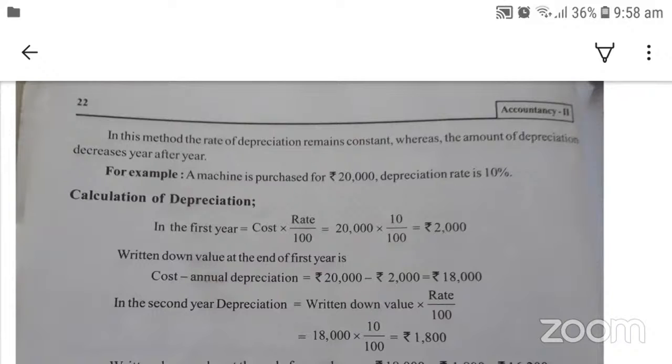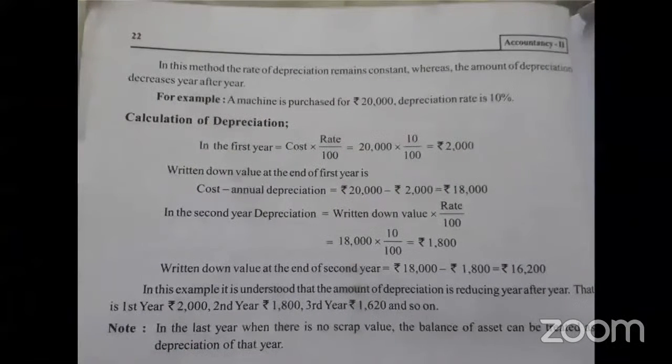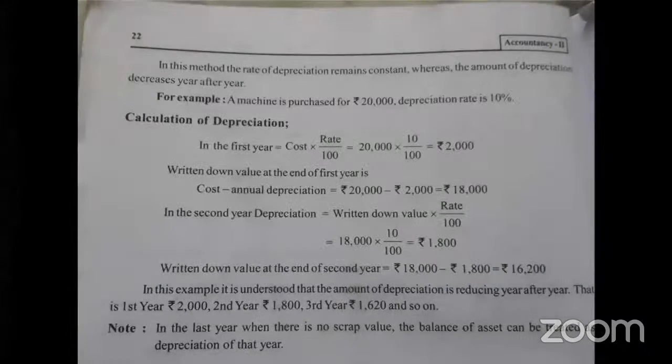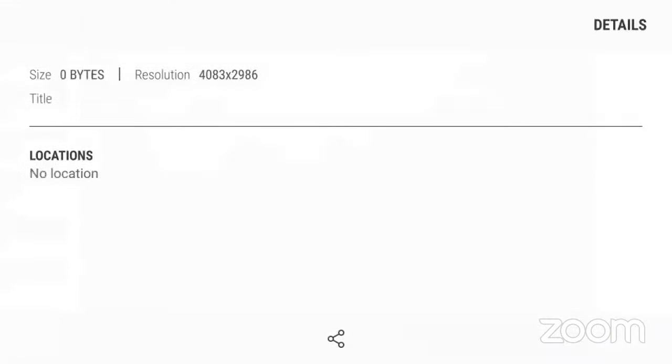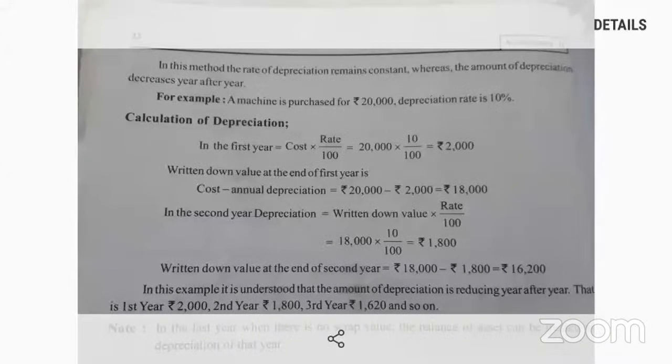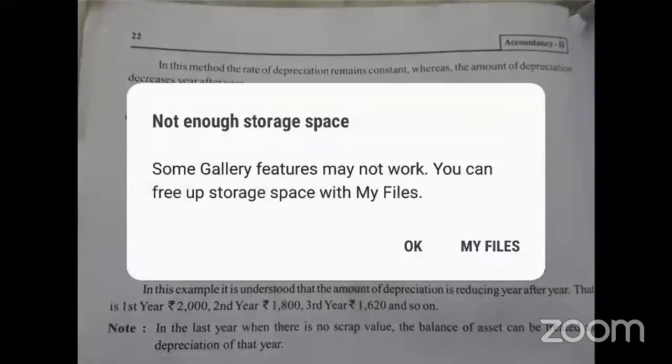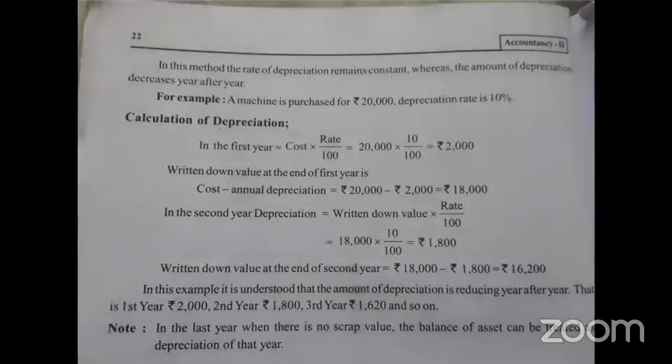Cost means here 20,000, into rate 10%. 20,000 into 10 by 100 is 2,000.